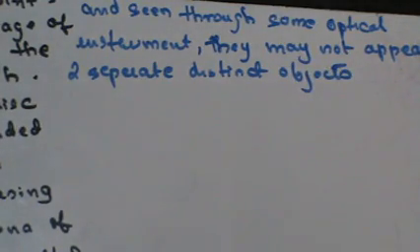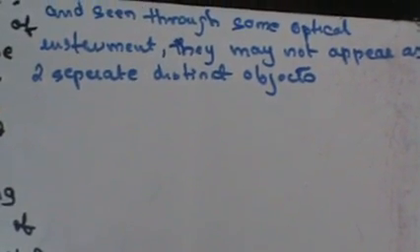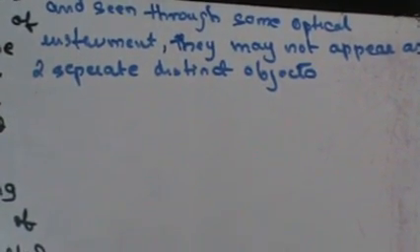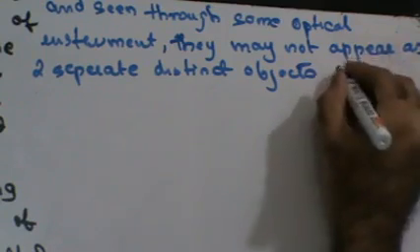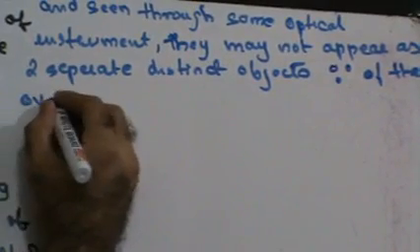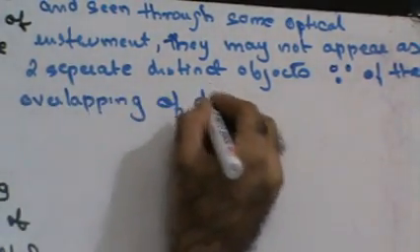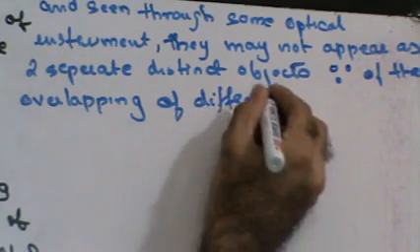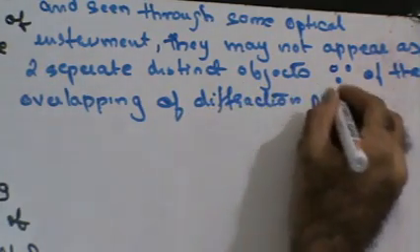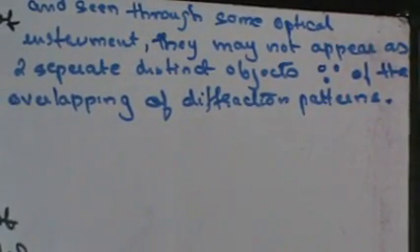Why? Because of the overlapping of diffraction patterns, making their identification difficult. Right? Do you understand this? So instead of appearing as two separate objects, they will appear as a single object.